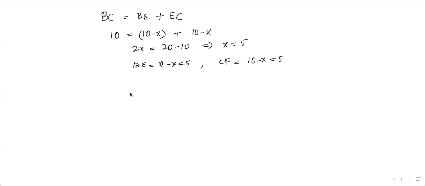Therefore, we got the values as AD, which is 5 centimeters, BE, which is 5 centimeters, and CF as 5 centimeters.